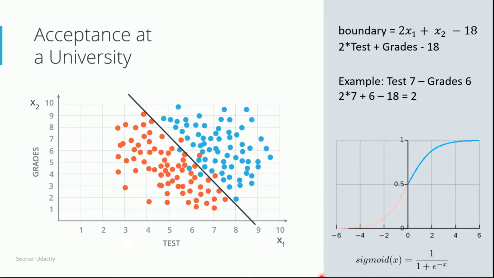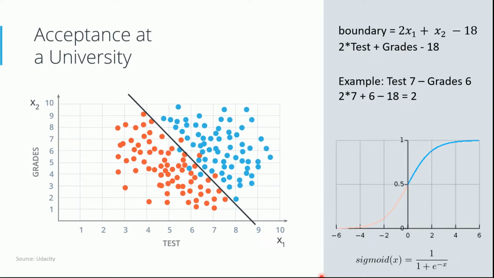Now, we were given labeled data, which means that we were given historical data, plotted here, of students based on their scores and grades that got either accepted or rejected. In a binary classification problem such as this one, the label can be either 1 or 0, where 1 refers to acceptance and 0 refers to rejection at the university.